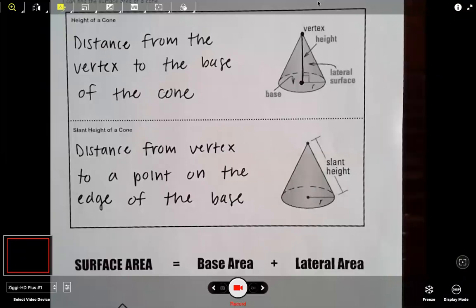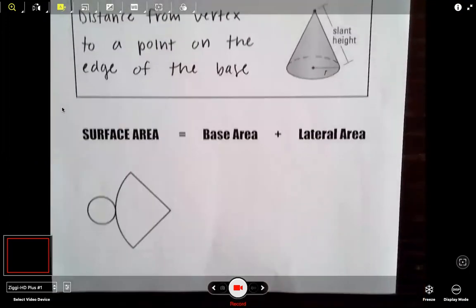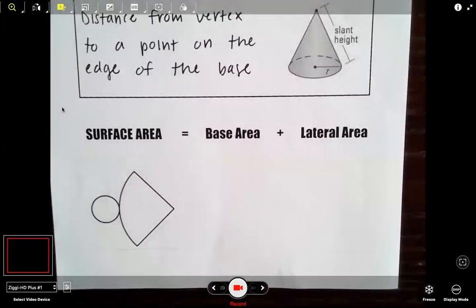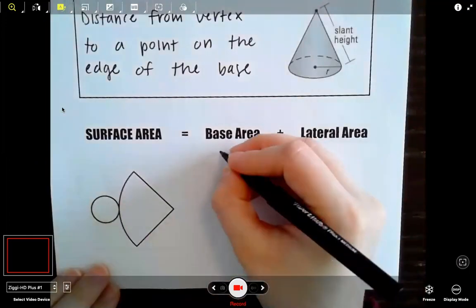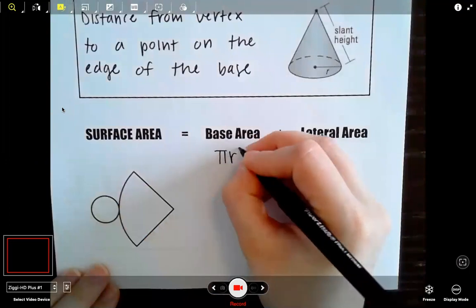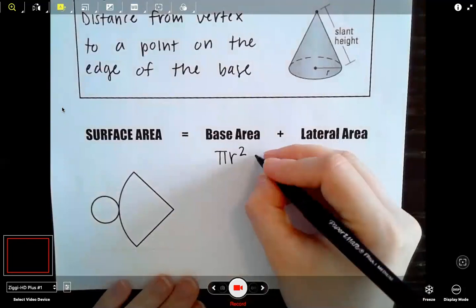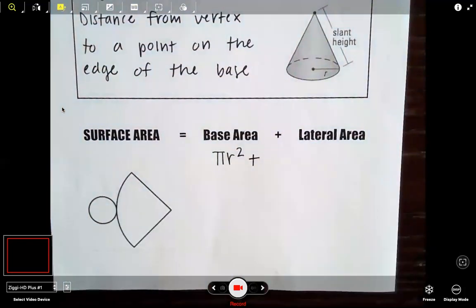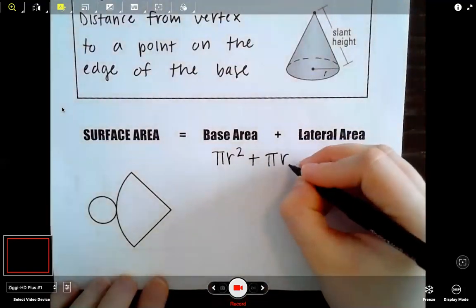But let's write down our surface area formula. It's super easy, not confusing. Okay. So our base area, since it's a circle, is pi r squared. And then our lateral area, it's kind of goofy, but it's just part of the formula, is pi r L. And then why don't we label this?